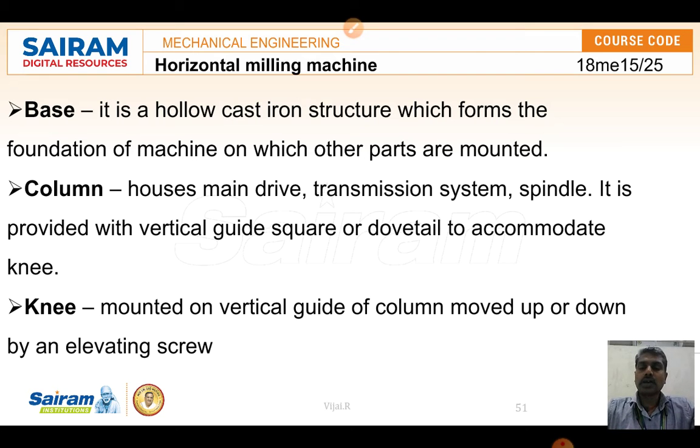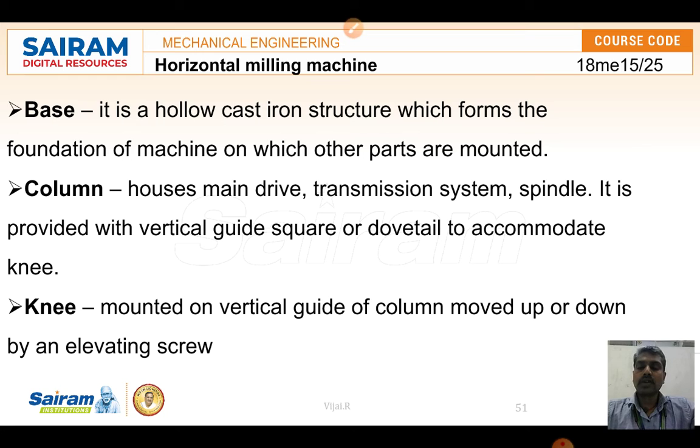The column is a vertical column which carries the main drive and the transmission system on the spindle. In the spindle, the cutter is located, and that cutter removes the material. The workpiece, from which we want to remove material, is held on the work table.